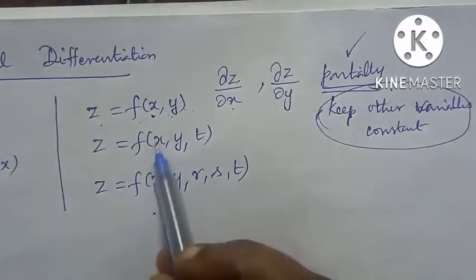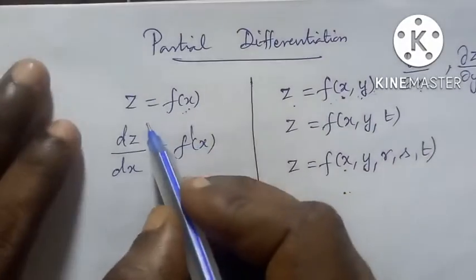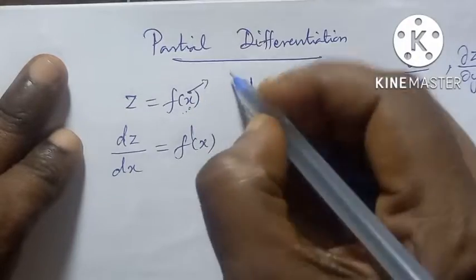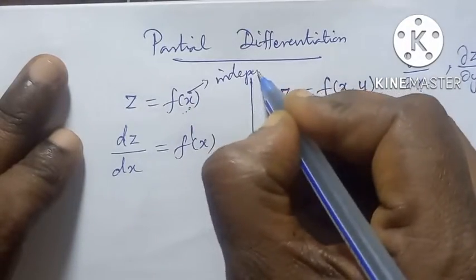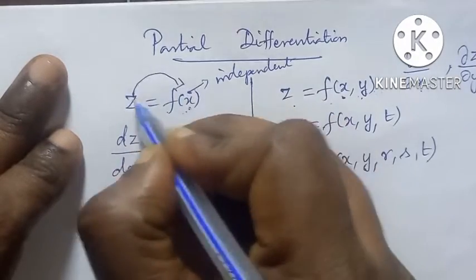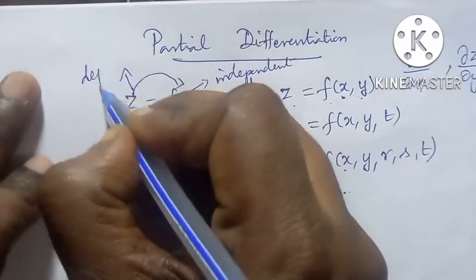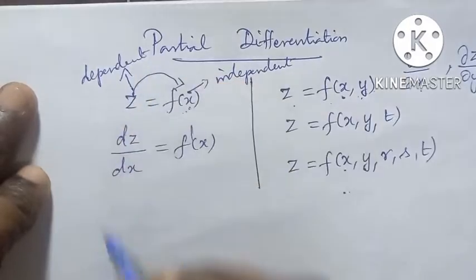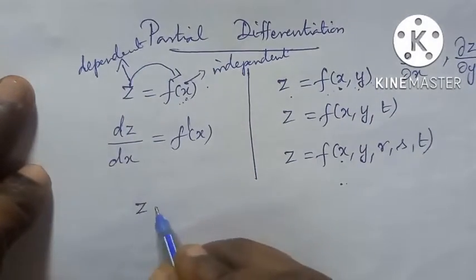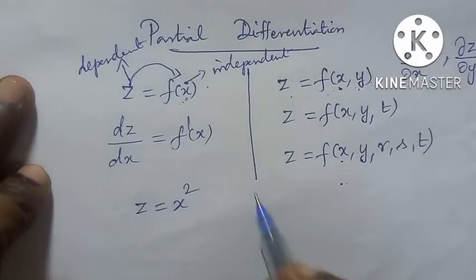Okay, so here you see I said z is function of one variable, and this variable is independent variable. Z depends on x, so it is dependent variable. For example, z is function of x square.